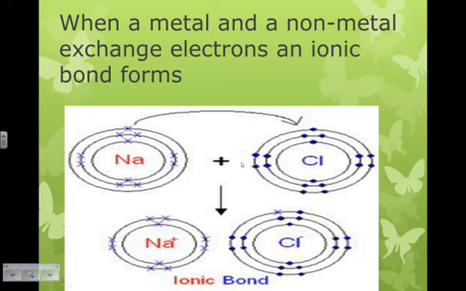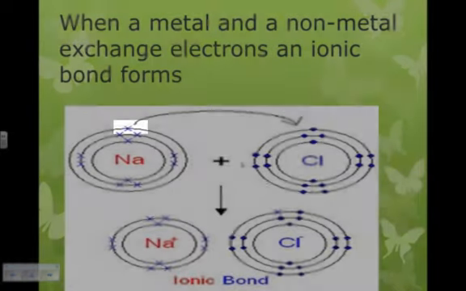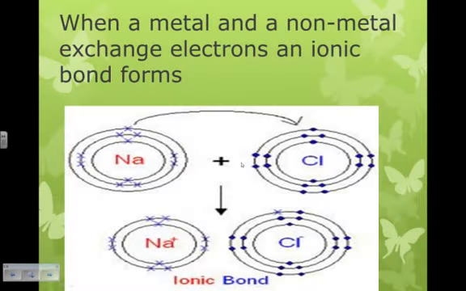So here is sodium, which we've already looked at, and chlorine, which we've also already looked at. Sodium will very freely give up this 1 electron, giving it a +1 charge. It's getting rid of a negative, so it becomes positive. And chlorine gains that negative charge, so now it has more negatives than positives, so it becomes -1.